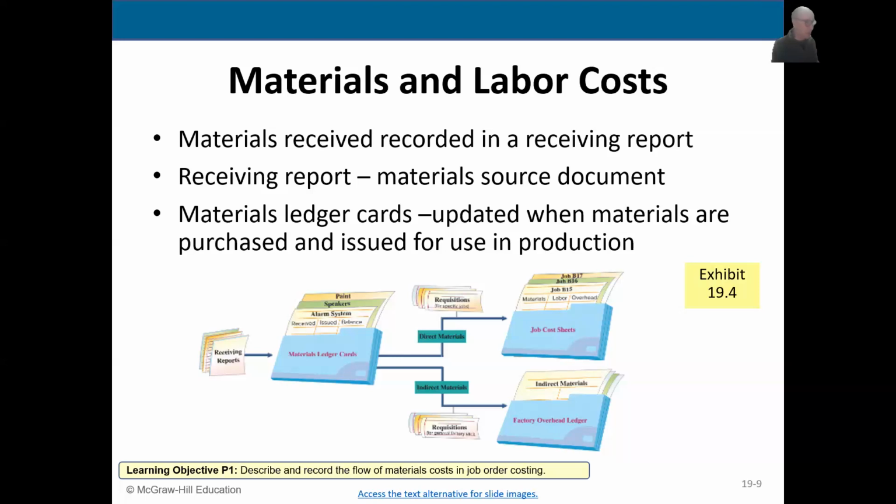And just like any other piece of inventory, we update that balance as it's being purchased and as it's being requisitioned for work in process. So as it's being requisitioned, a requisition form gets filled out and sent to the warehouse where the raw materials are, and the materials come out of raw materials and into work in process on the respective job order cost sheets.